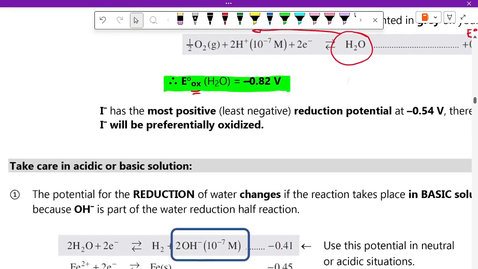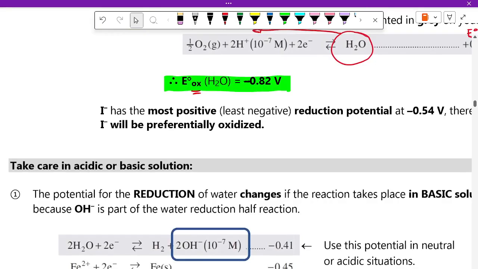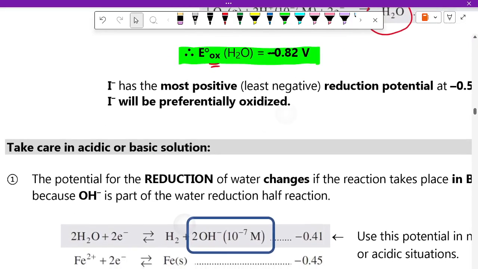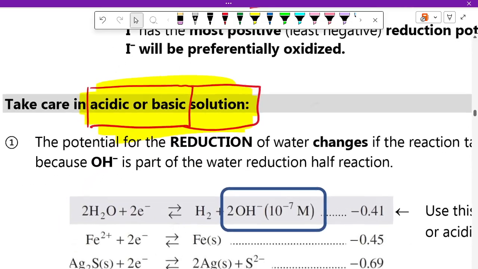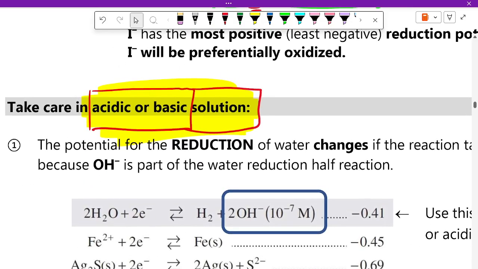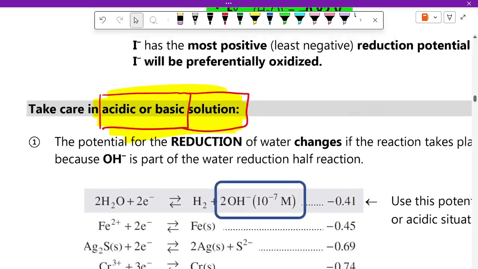Okay, take care. Sometimes you'll be told something is an acidic or basic solution or neither. And if you have acidic or basic solution, the potential for the reduction of water will change.